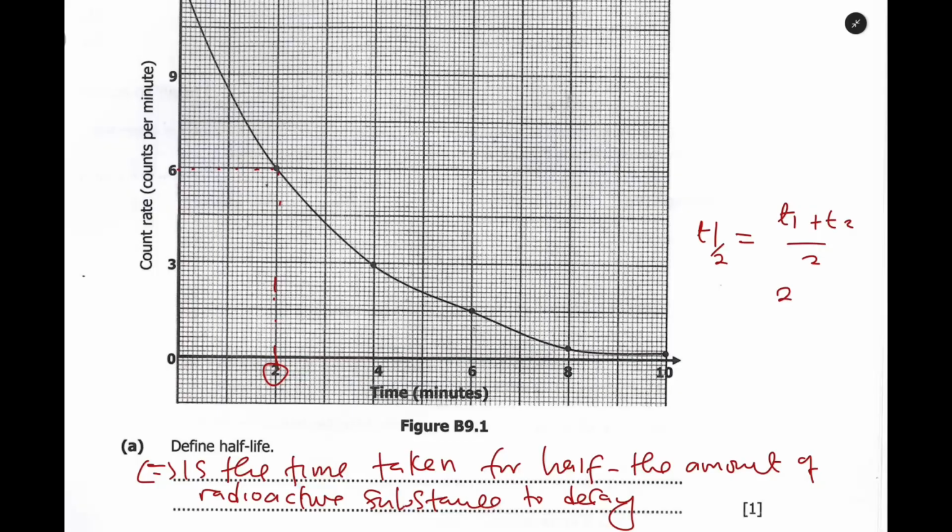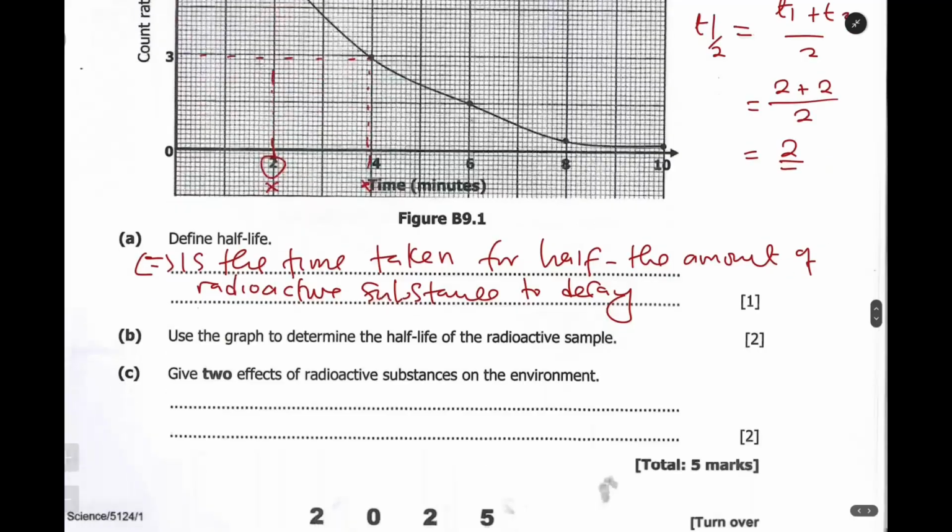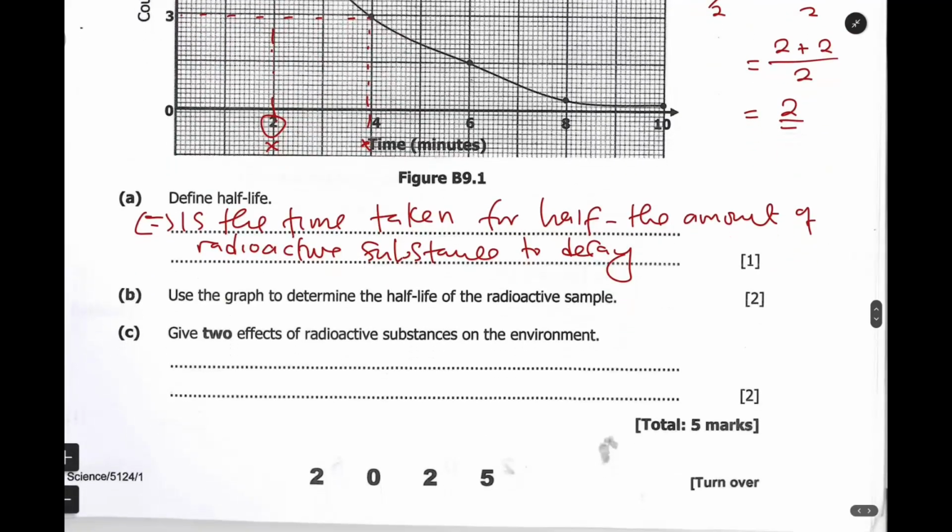Then as for 6, let us find half of 6. Half of 6 is 3. So at 3, what was the time? From here up to there, it was also 2 minutes. So 2 minutes plus 2 minutes, then divide by 2. This is still going to give us a half-life of 2 minutes.